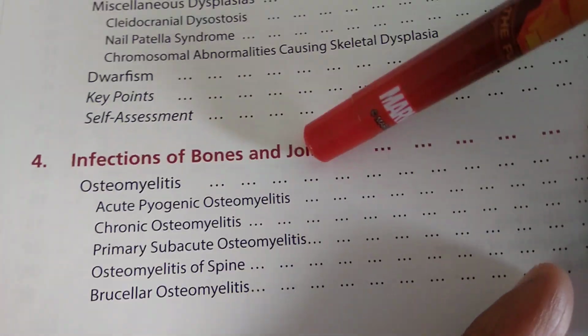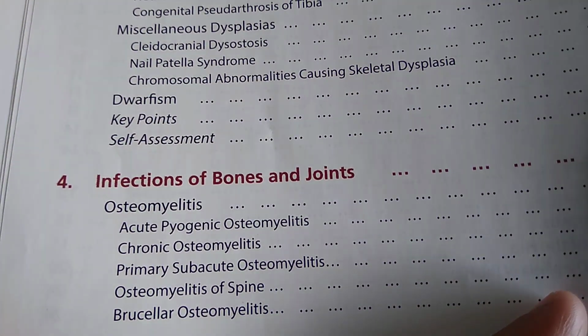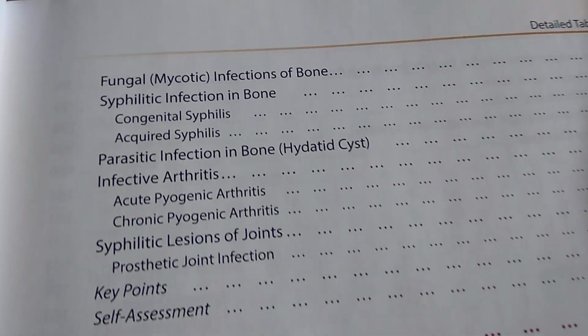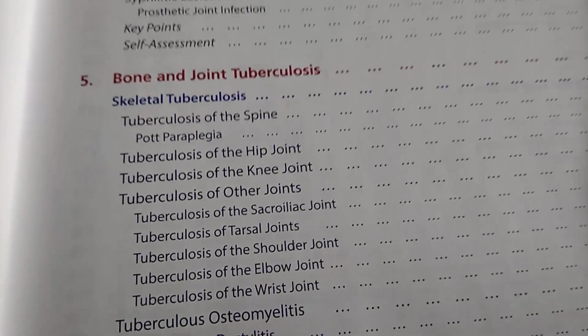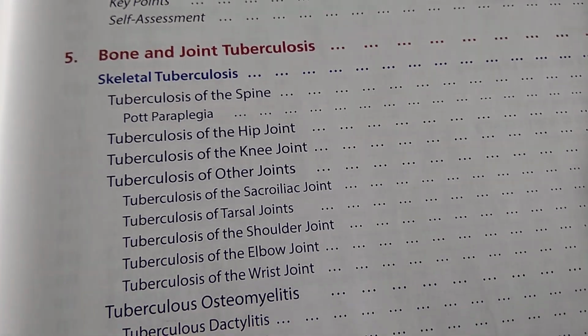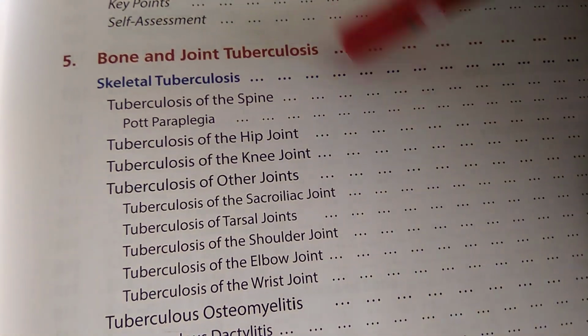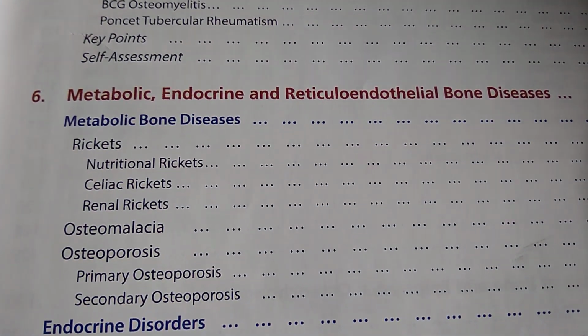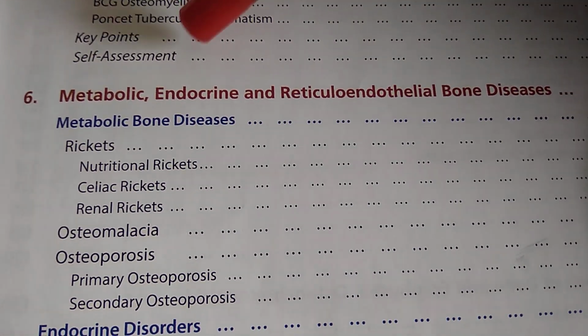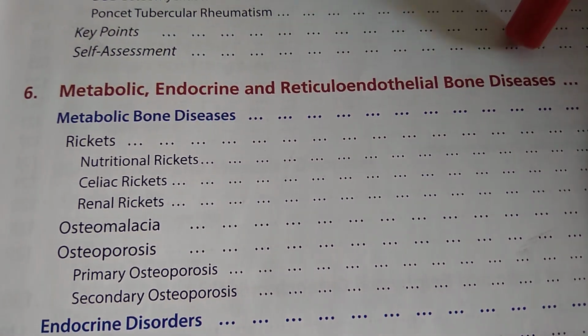Then infection of bones and joints, osteomyelitis. Then bone and joint tuberculosis. Tuberculosis gets a special chapter. Then you have reticuloendothelial bone diseases, metabolic, endocrine.